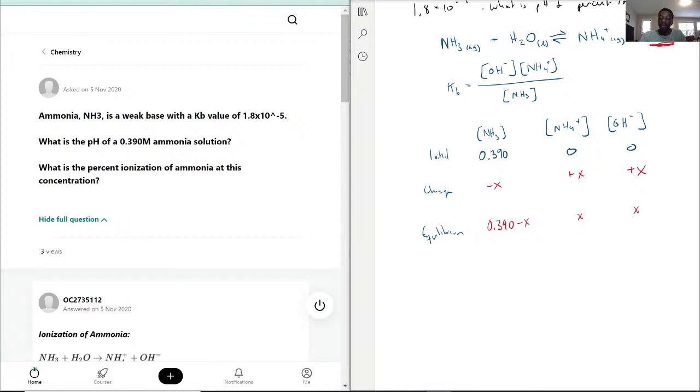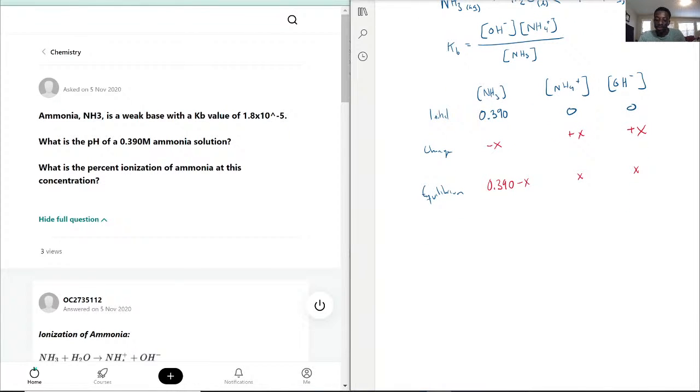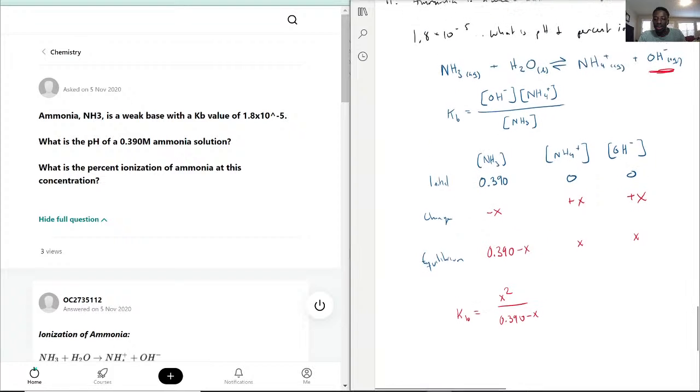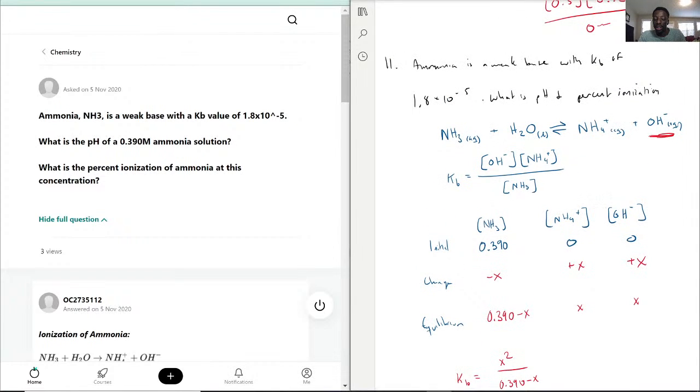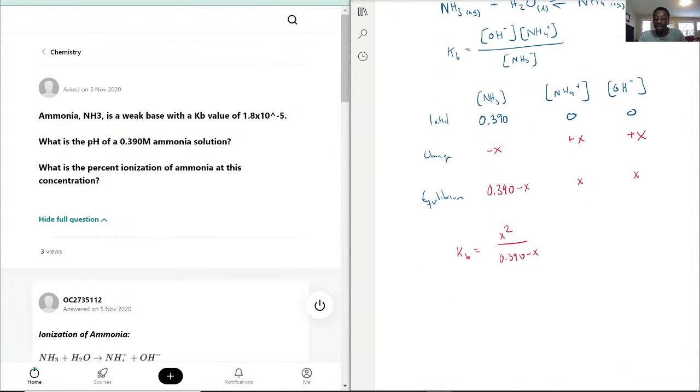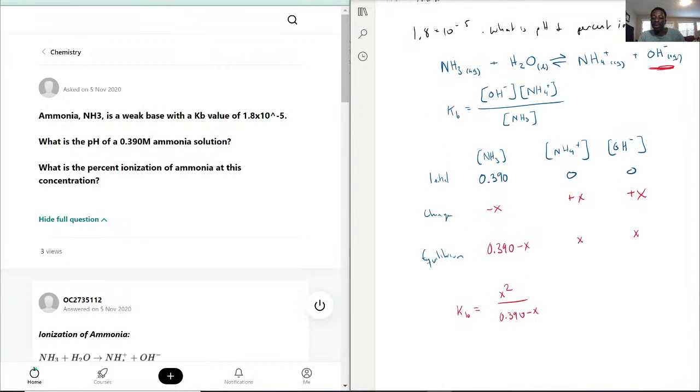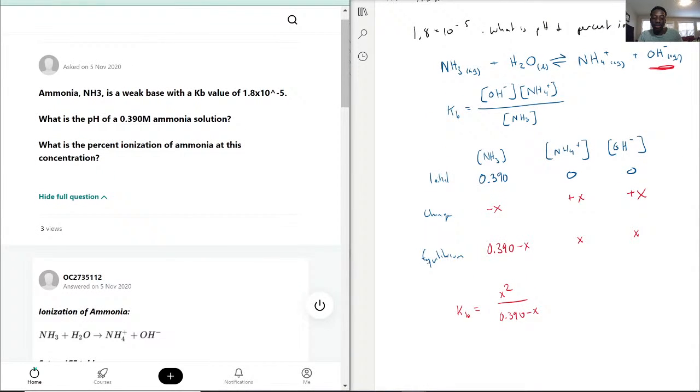Now factoring that back into our Kb equation, we get that Kb is equal to x squared at the top over 0.390 minus x. Now we're going to use a little shorthand. We're going to see if the concentration dwarfs the Kb value so much that you don't see a noticeable change in the 0.390 once it dissociates.